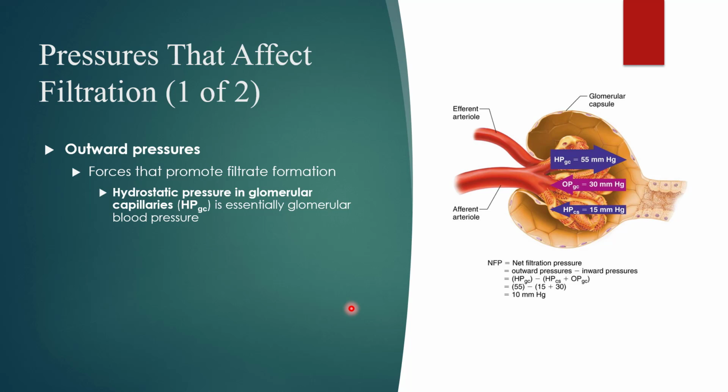But then, remember, guys, it's going into what we call the capsular space. But the capsular space is not empty. It has pre-existing renal filtrate that is already there. This is an ongoing thing. Nothing is pumping here.